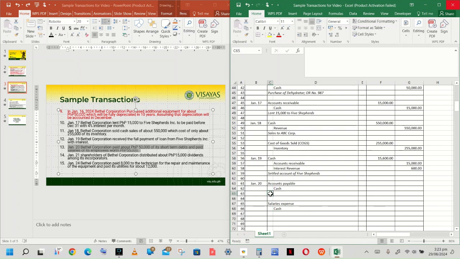So, accounts payable, paid its obligation, and paid employees. Okay? Okay, so for the accounts payable, nabawasan yung accounts payable natin ng how much? 55,000.